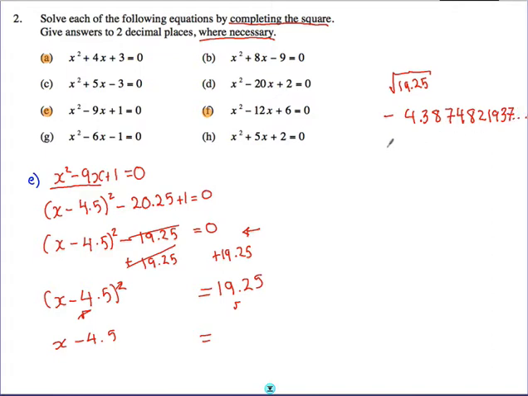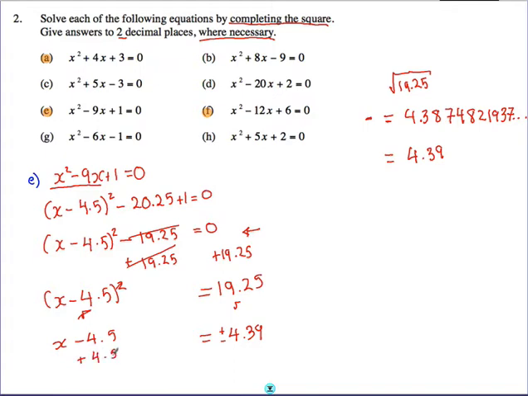It goes on, maybe forever, maybe not, we don't know. And this to 2 decimal places, remember it needs to give an answer to 2 decimal places. That to 2 decimal places is 4.39. So the square root of 19.25 is going to be our plus or minus 4.39 to 2dp.